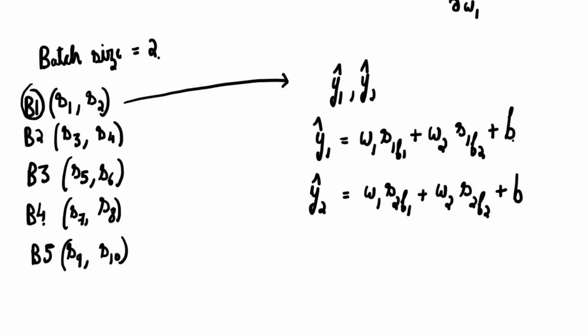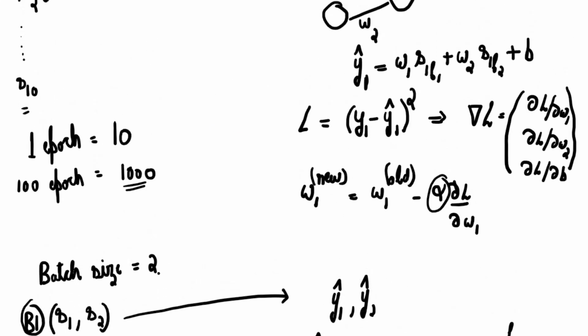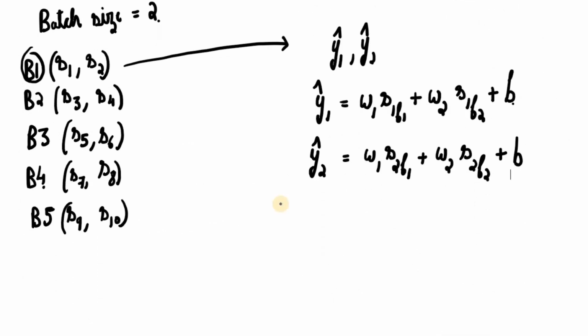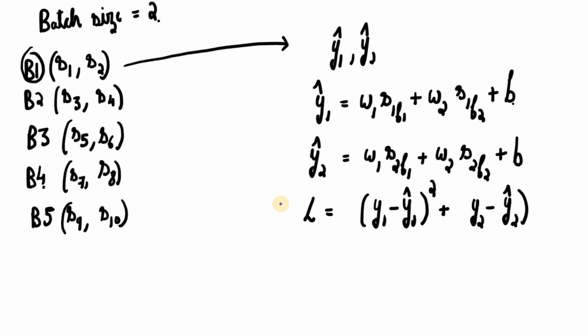Till now, we were considering a loss function where we were calculating the losses individually. Here, the loss function will be a bit different. The loss function is going to be (y1 minus y1 hat) whole square plus (y2 minus y2 hat) whole square, and we will calculate the average of it, which will be 1 by 2.